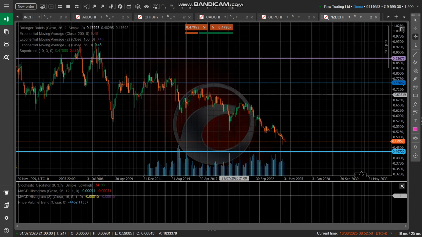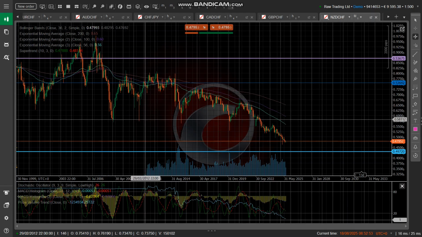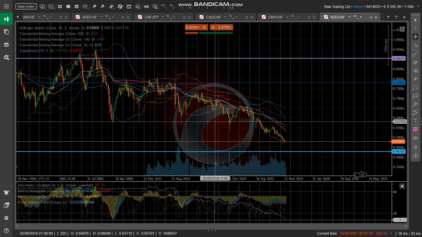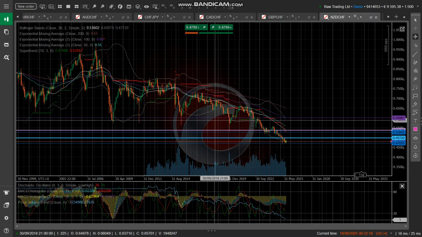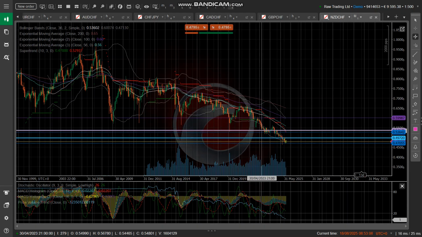See what I mean? This is leg 1. Keep squeezing down to this line, squeezing until there's recently 2 legs down, this one and this one.